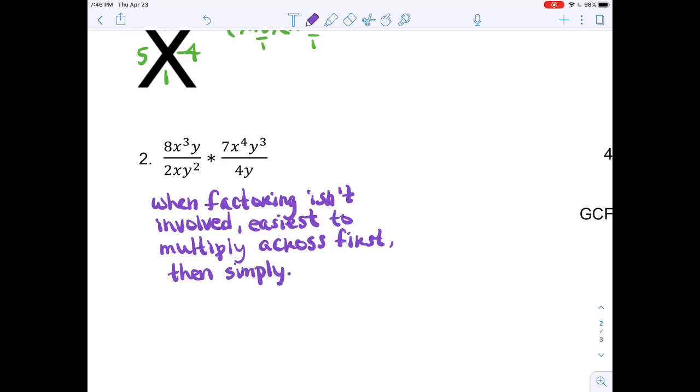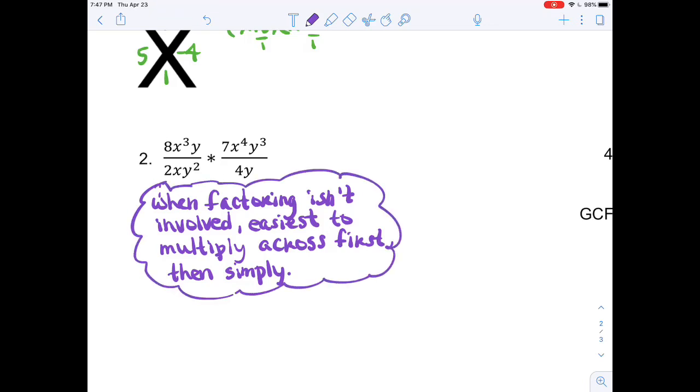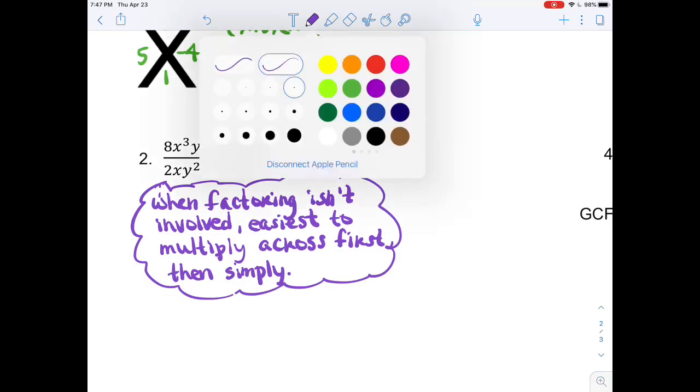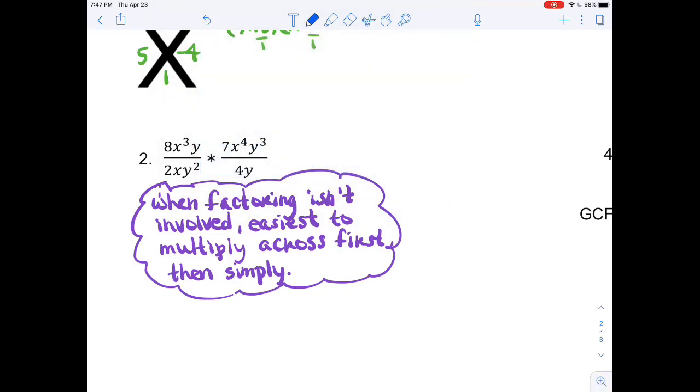Or actually, we're going to be using some of the rules that we reviewed on the first page. So let's make ourselves a note and cloud it, highlight it, something, whatever it is that you do to bring attention to something in your notes. If I want to multiply 8x to the third y times 7x to the fourth y to the third, I'm going to use my properties that I learned on the first page, my MADSPAM.